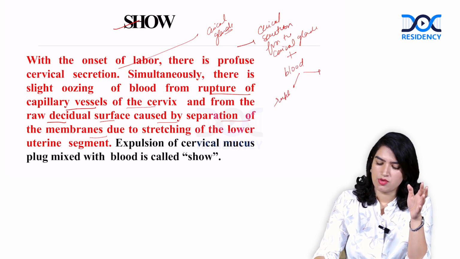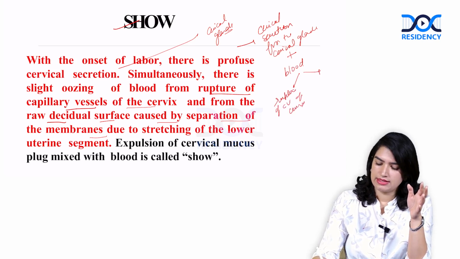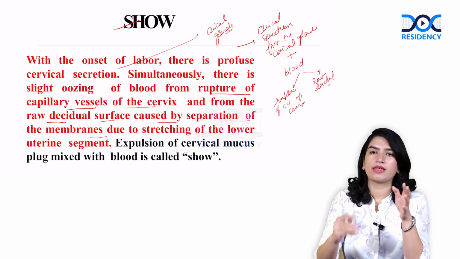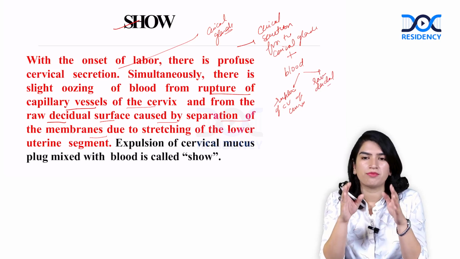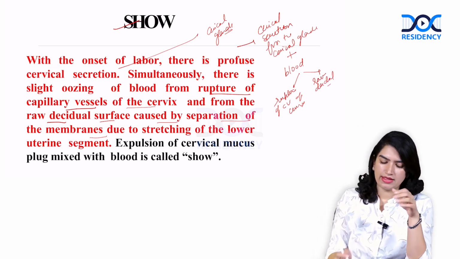One is rupture of the capillary vessels of the cervix, and the second source is the raw decidual surface caused by the separation of membranes due to stretching of the lower uterine segment.